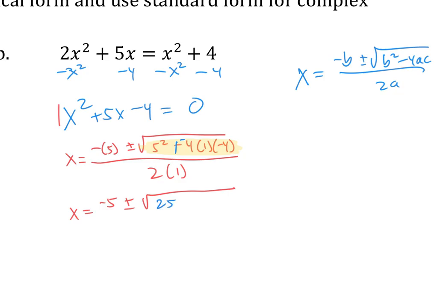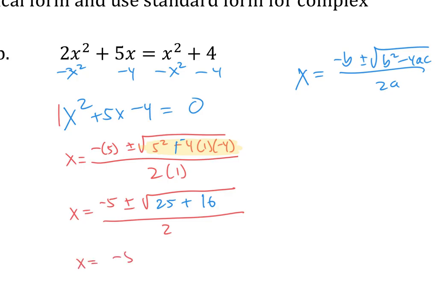So we have 25, that's 5 squared, plus, because I changed it to a plus, I made it plus negative there, and this would be a positive 16. Okay? Be very careful there. If you're going to make a mistake, it's right here with this negative, most likely. You can make it other places, but watch out for that.